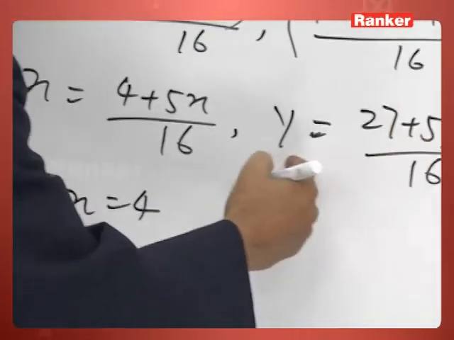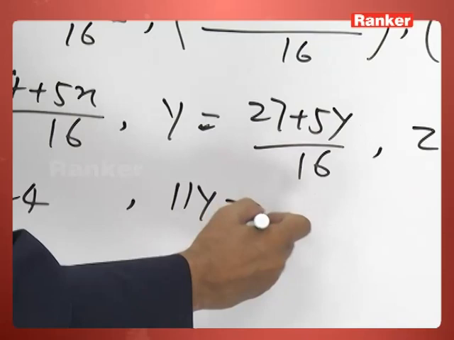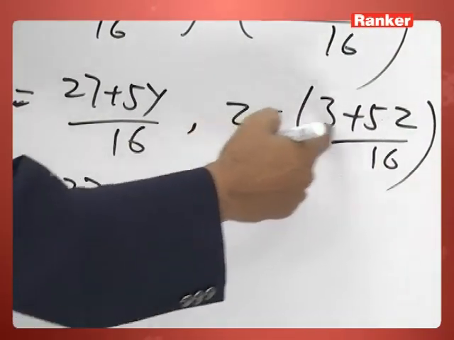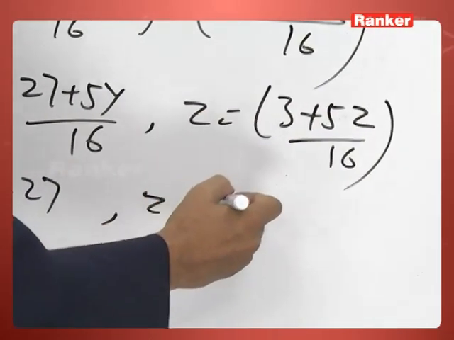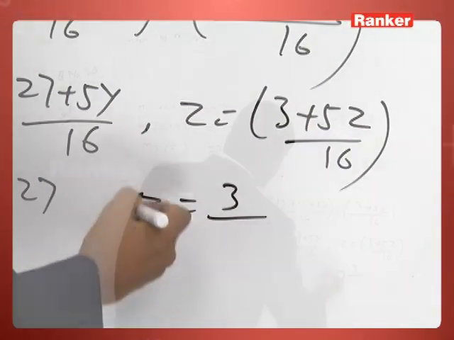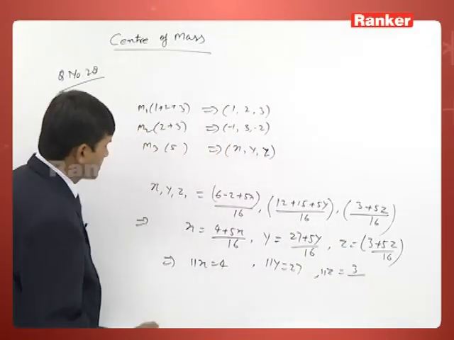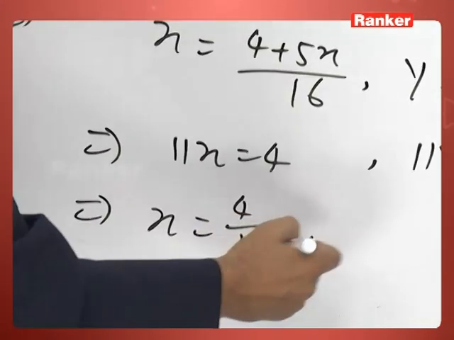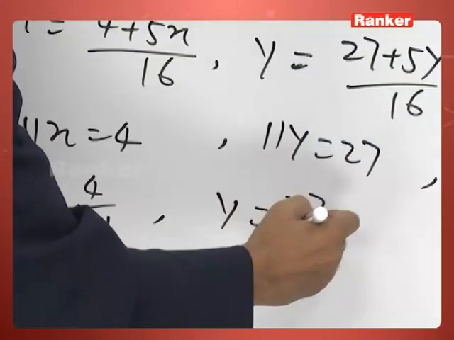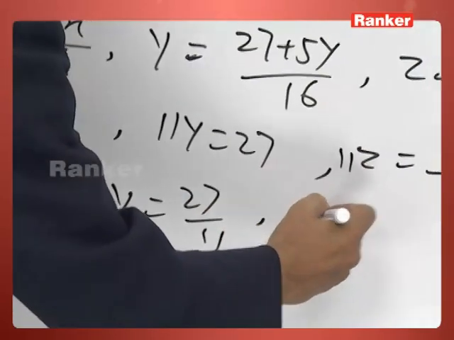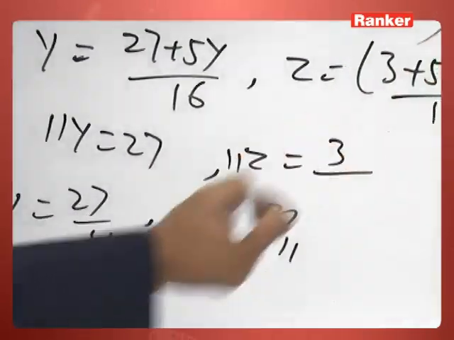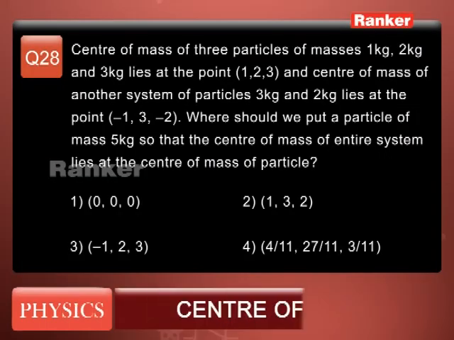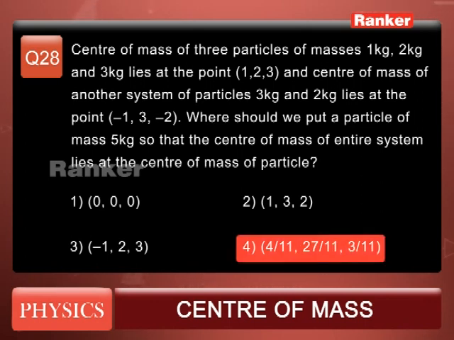This gives 11y is 27, and z gives 16z minus 5z, so 11z is equal to 3. So x is 4 by 11, y is 27 by 11, and z is 3 by 11. So the answer is the fourth option.